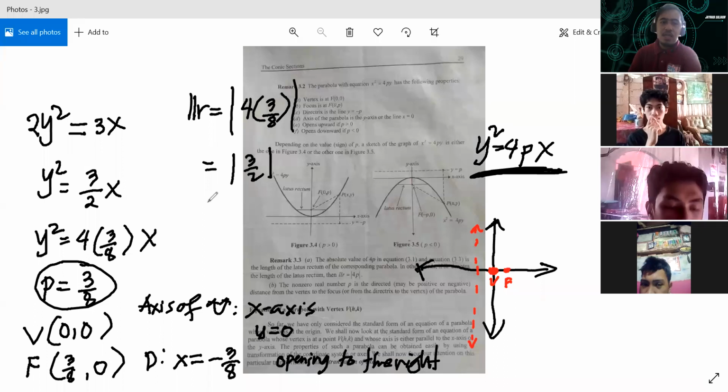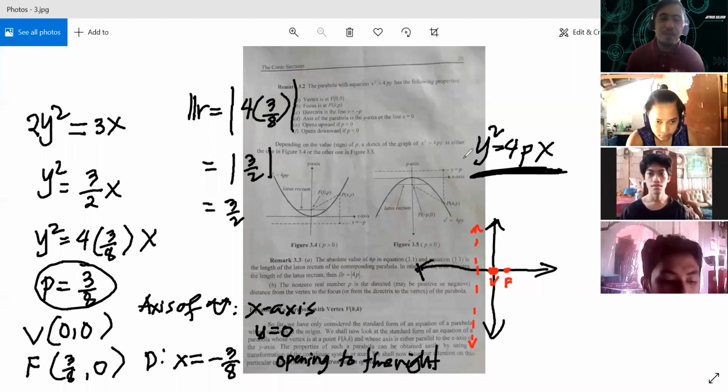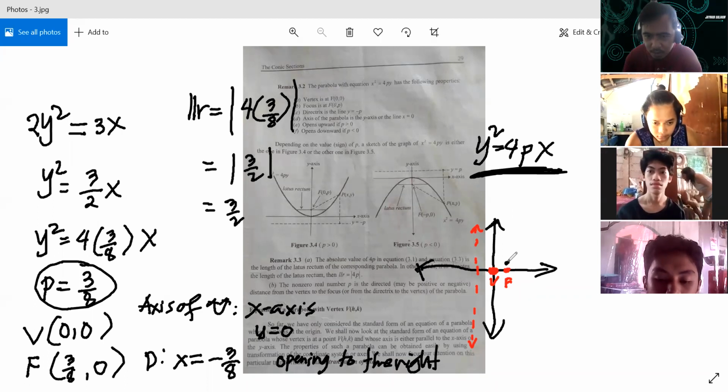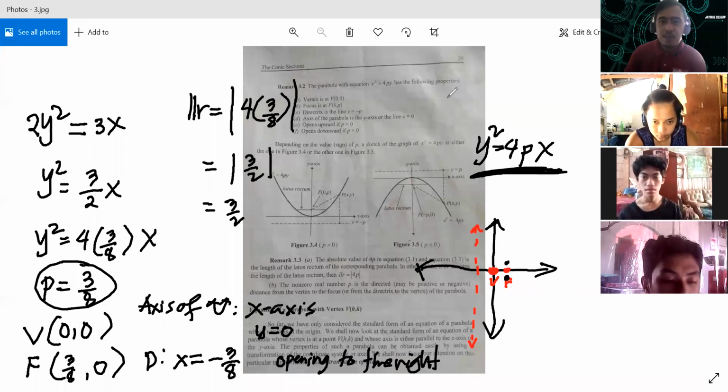So in this case, that is just equal to 3 halves, which is 1.5. Half of 1.5 is 0.75. So it must be somewhere here and somewhere here. So if you sketch the graph, it must look like this.